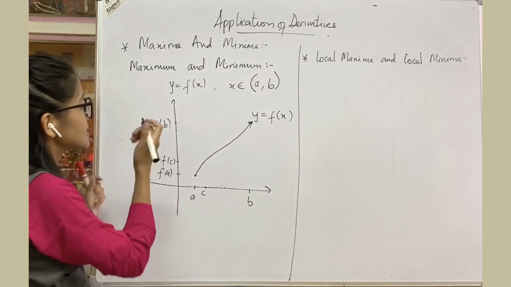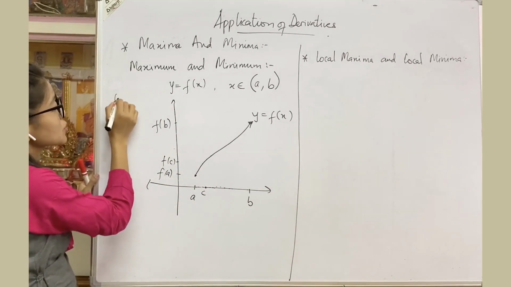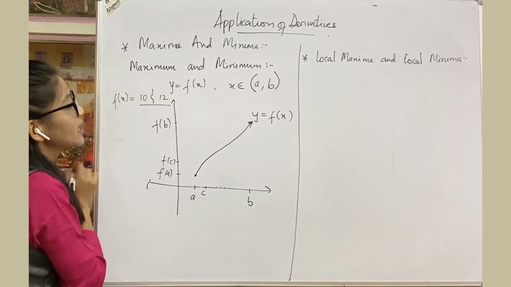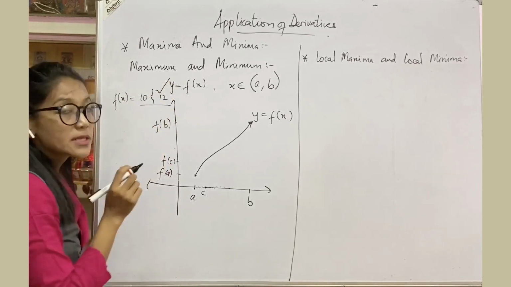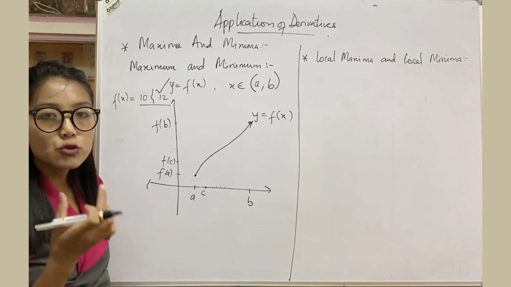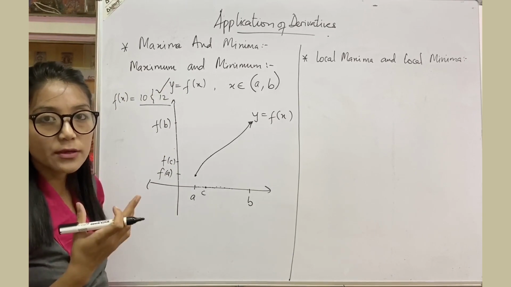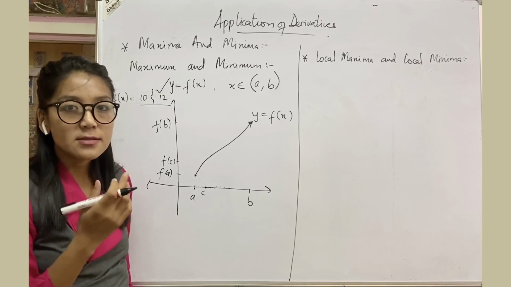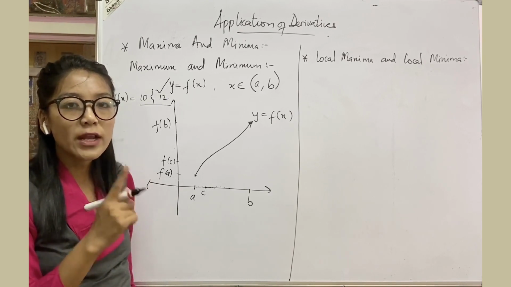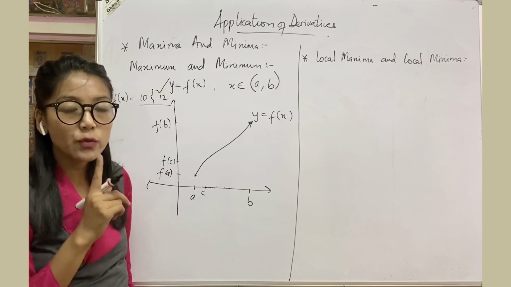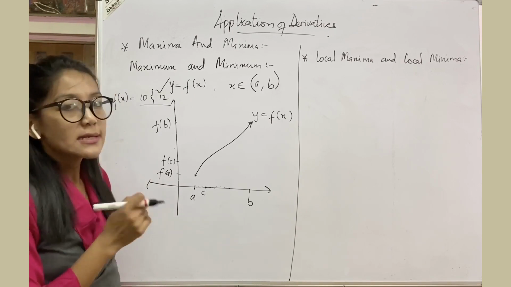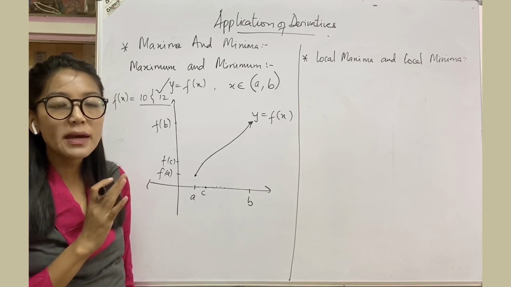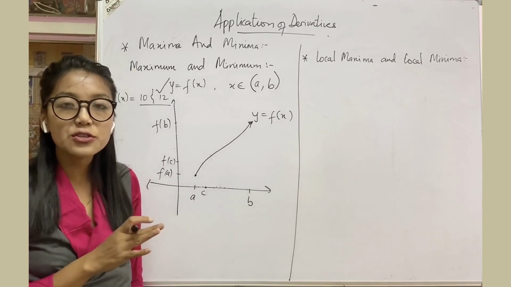For example, I cannot say that the maximum value of the function is 10 and 12. The maximum value will obviously be 12. You cannot have two maximum values. Similarly the minimum value will be unique.